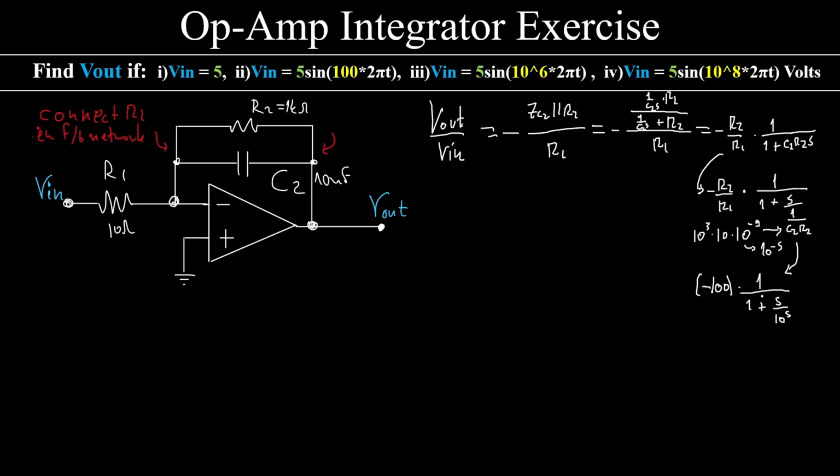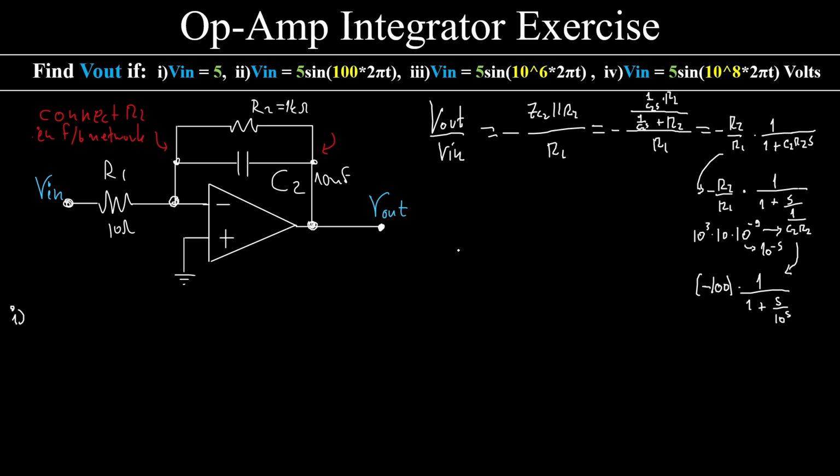Again, we are going to be having something times 1 over s, which is a typical inverting op-amp working as an integrator. Now there is an in-between situation where we don't exactly know what happens, but it's okay. Don't worry about it for now.